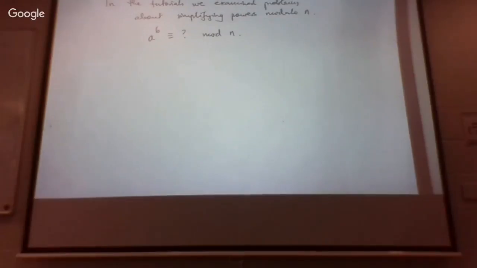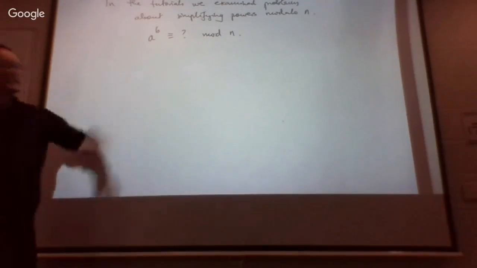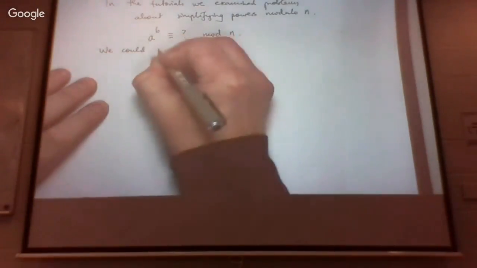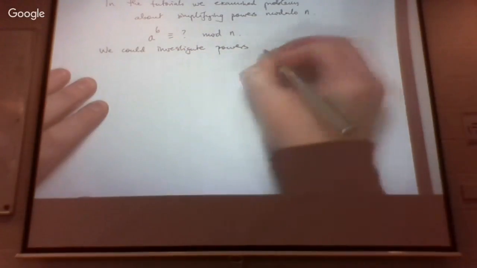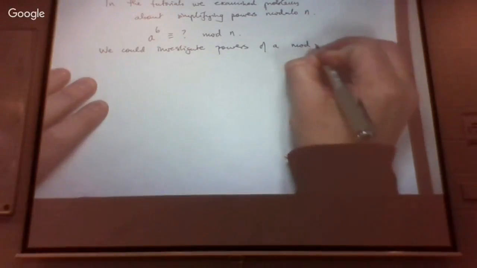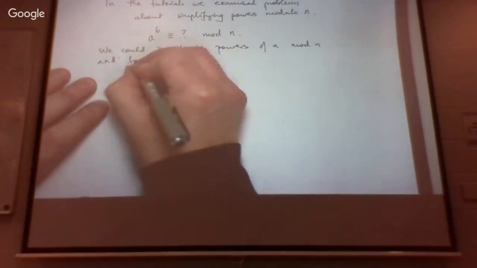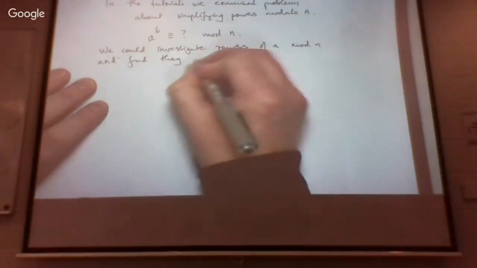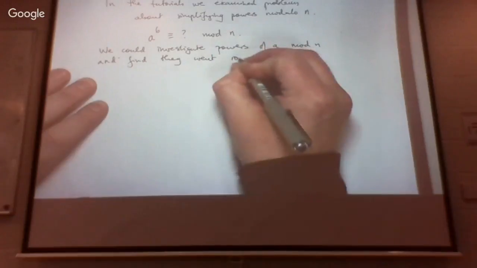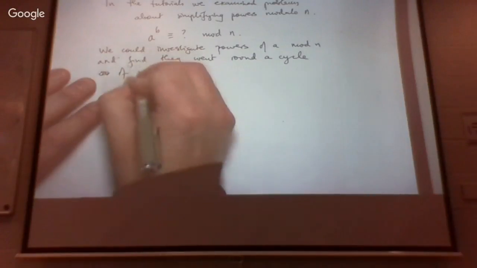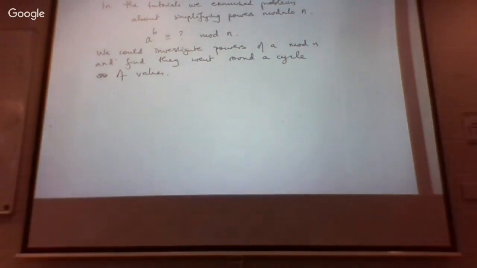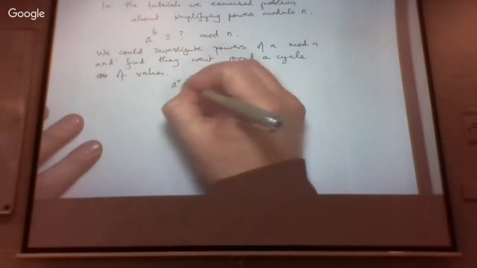And what we found in the tutorial was we could investigate powers of a modulo n and find they went round a cycle. Went round a cycle of values. So you had a to the power 0, which of course is congruent to 1.